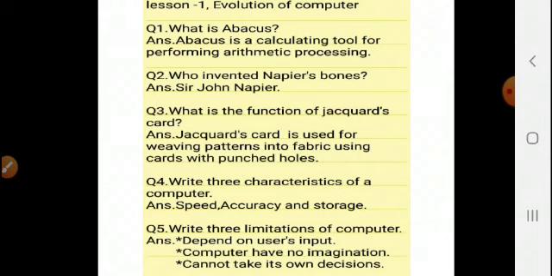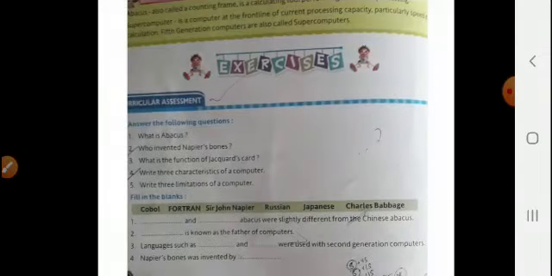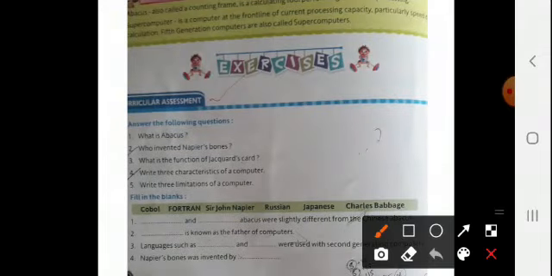Now see, it's time for the fill-ups. Here, fill in the blanks. First one: dash and dash abacus was slightly different from the Chinese abacus. That is Russian and Japanese. Then second one: dash is known as the father of computer. Who is known as the father of computer?